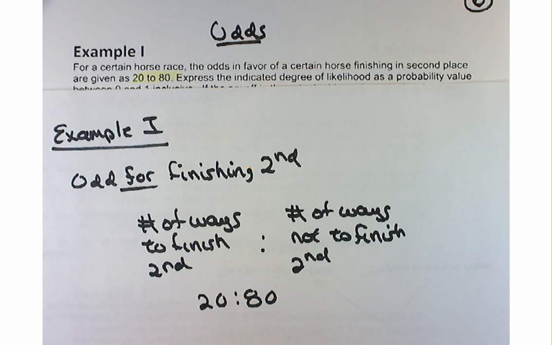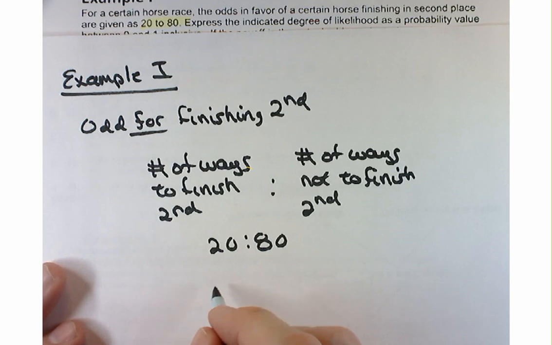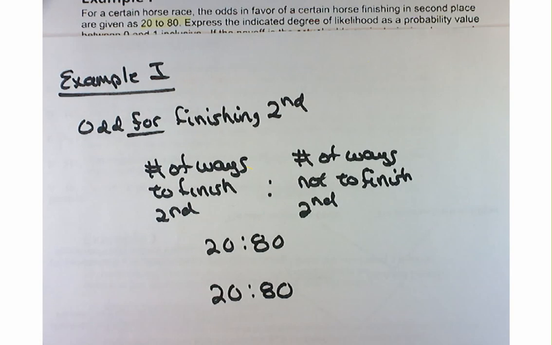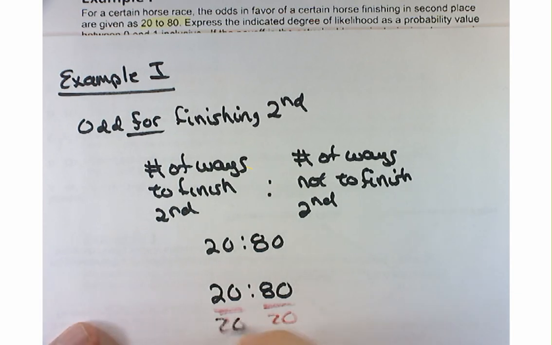Now, Dimitri noticed something that you can do here. If I wanted to, I could put this in lowest terms. I'm going to treat this like an equation and divide both sides through by 20 and put it in lowest terms. So I'll divide by 20, thank you.